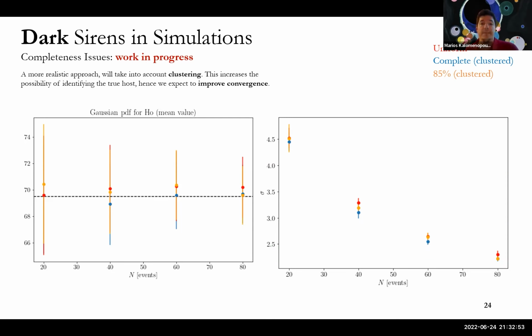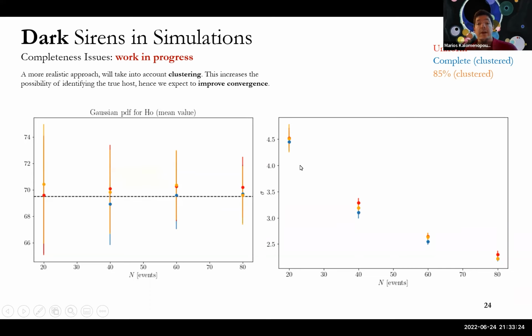But the main takeaway message from here is that all the methods seem to perform well, so they converge to the input value. But here, in the statistics of the errors of the final H-naught posteriors, we see that first of all, as expected, the complete catalog is performing better than all of them, and better than the uniform one.